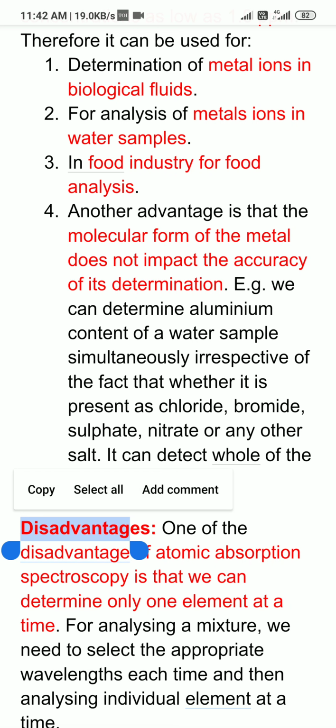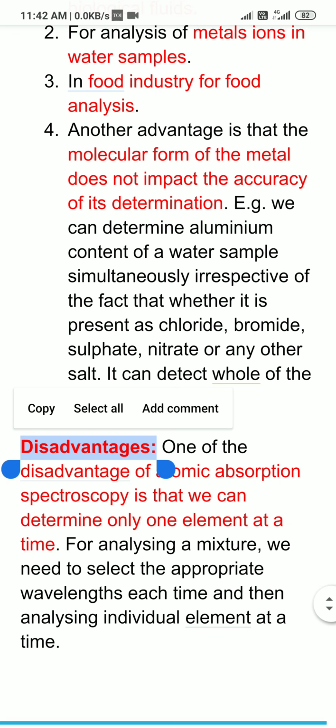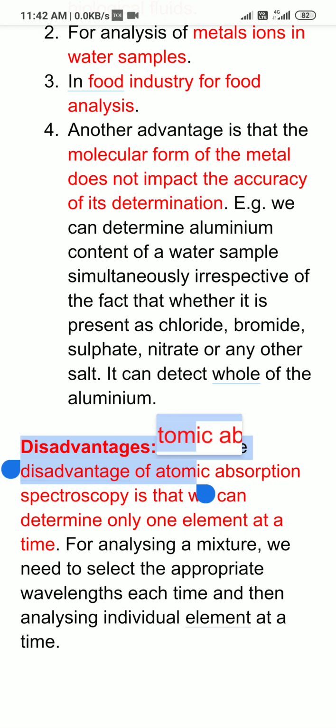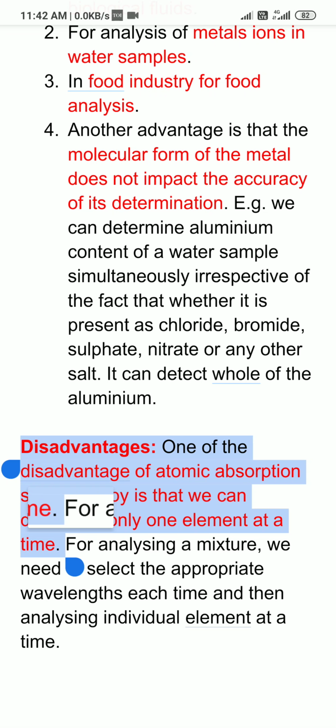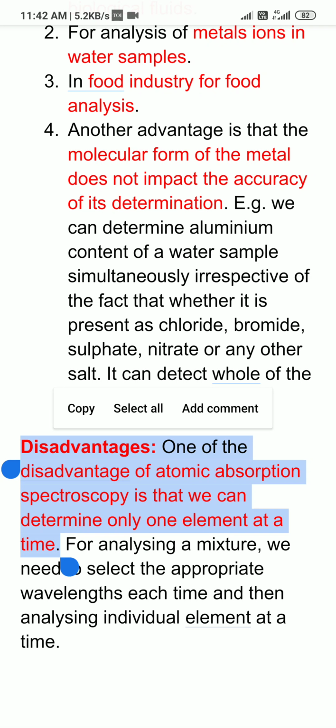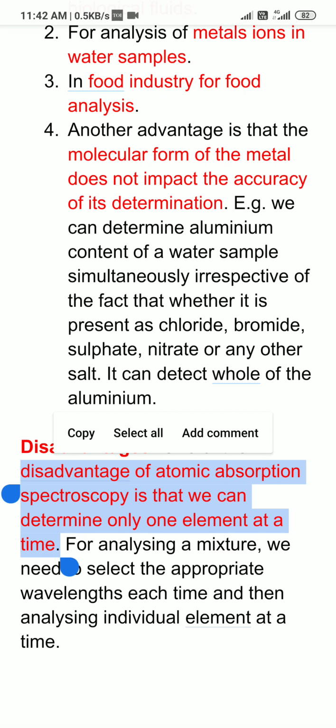And next is disadvantages. One of the disadvantages of atomic absorption spectroscopy is that we can determine only one element at a time.